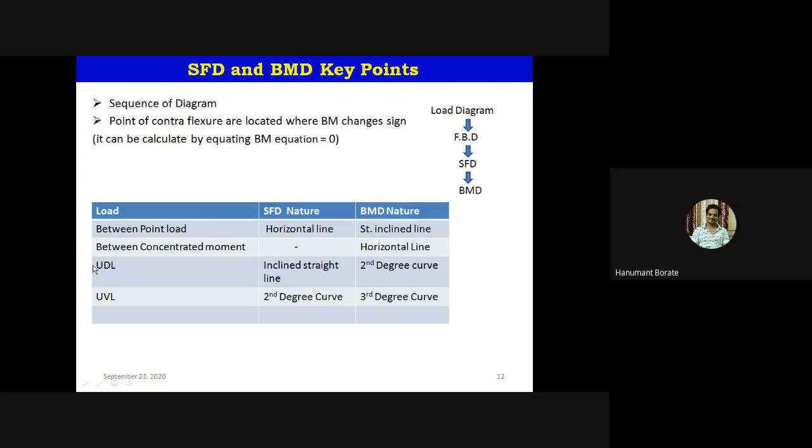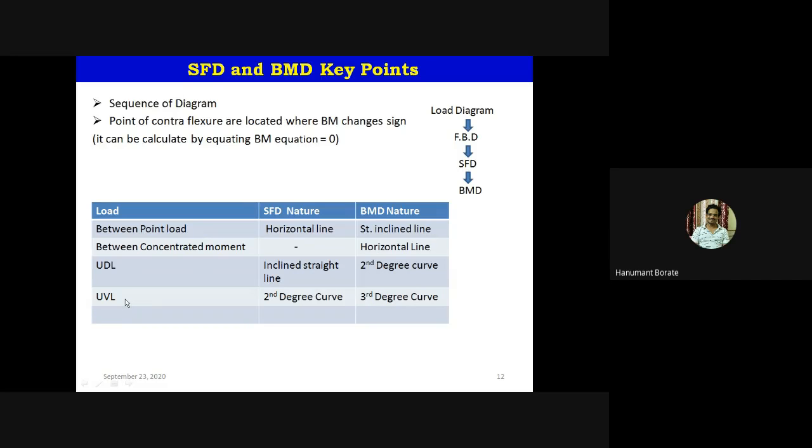Whenever UDL load is on the beam, then SF nature is an inclined straight line, and bending moment nature is a second degree curve. So there is a logical reason, there is a derivation for this inclined straight line or second degree curve. Why we should draw inclined straight line for a UDL loading and second degree curve for the bending moment diagram, right?